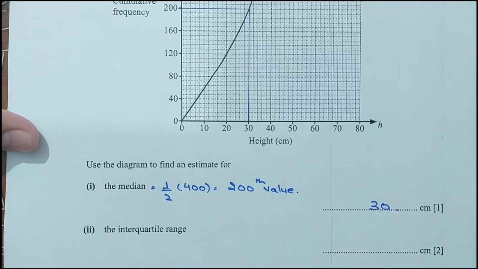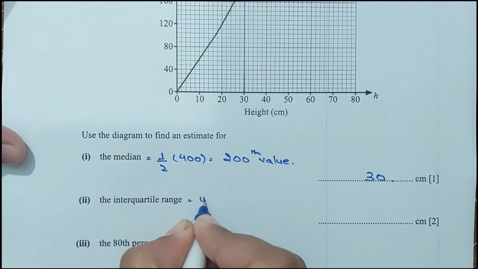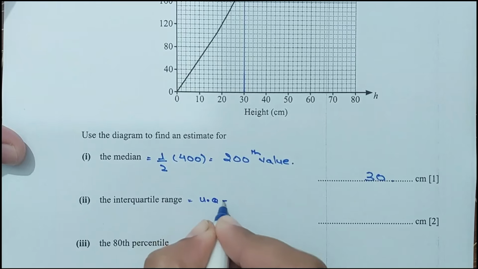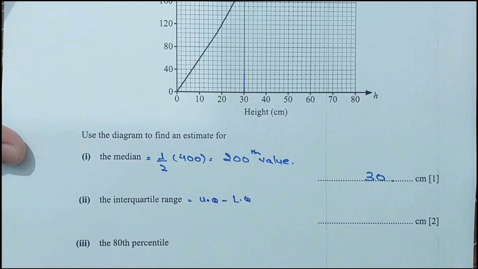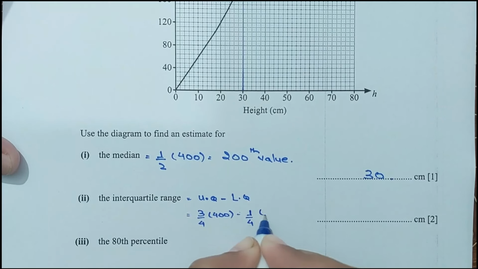Now for the second part, the interquartile range. Interquartile range is the upper quartile minus the lower quartile. What is the upper quartile? Upper quartile is basically 3 by 4 of 400, and the lower quartile is 1 by 4 of 400. The total is 400 basically.